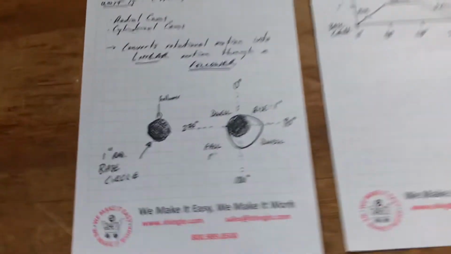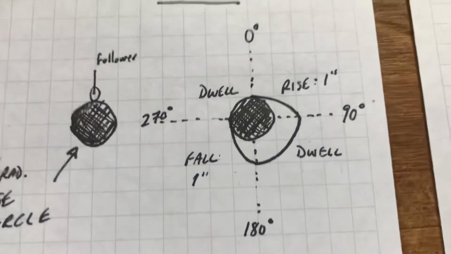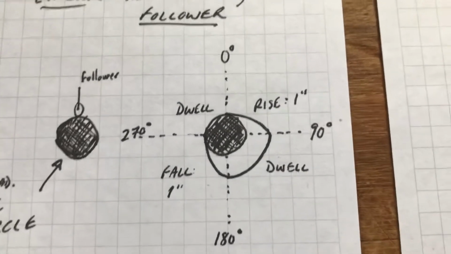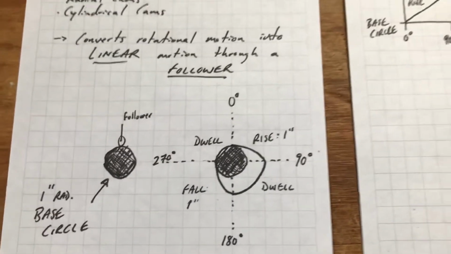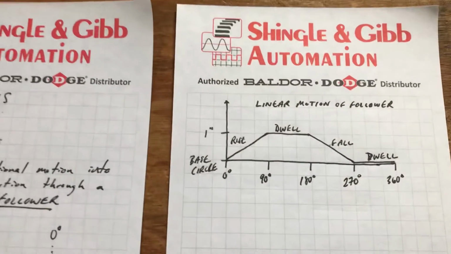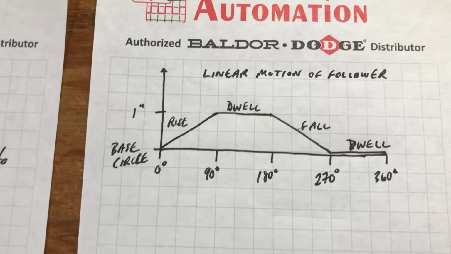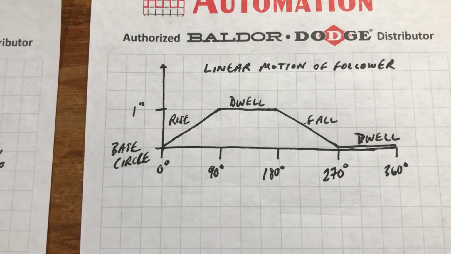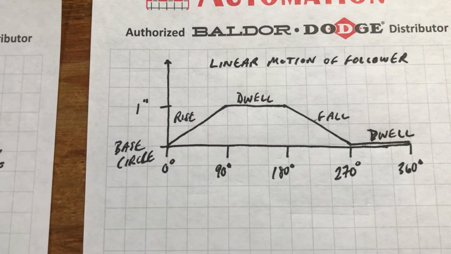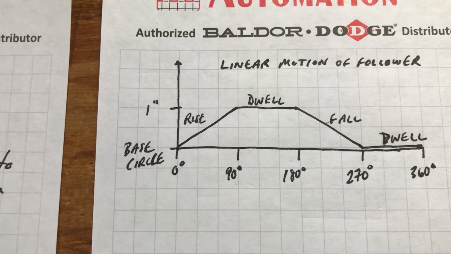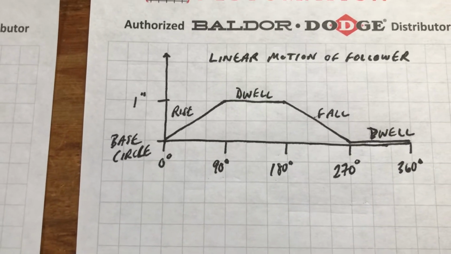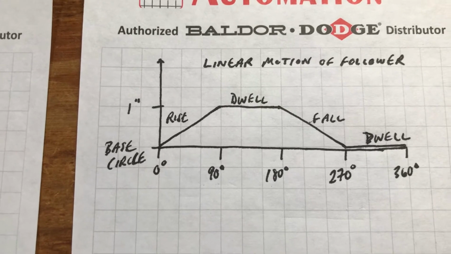Anyways, that's what we're talking about with the rise, dwell, and fall on a cam profile and what a follower is. Now, when we analyze the motion of any particular cam, we can plot it on a linear graph that shows the total linear motion at the various angles of rotation.